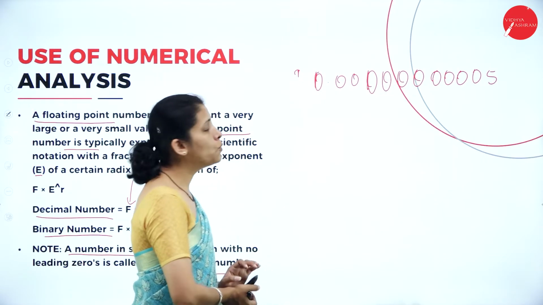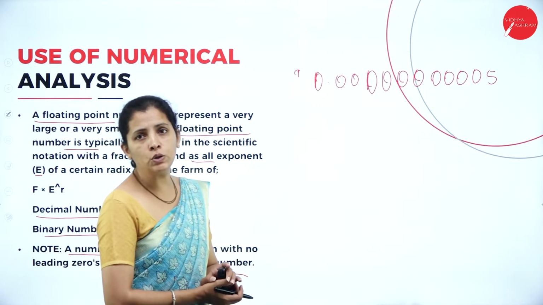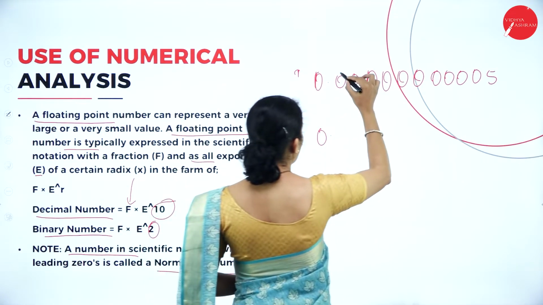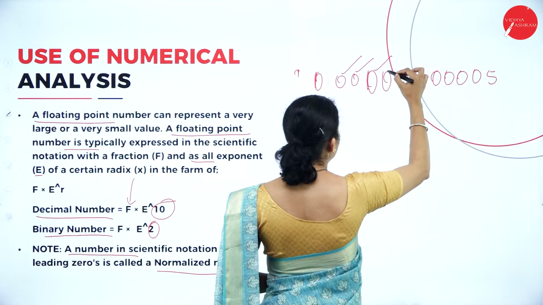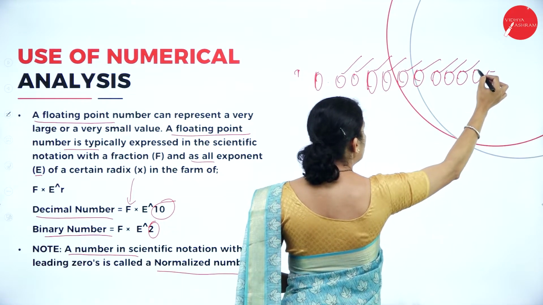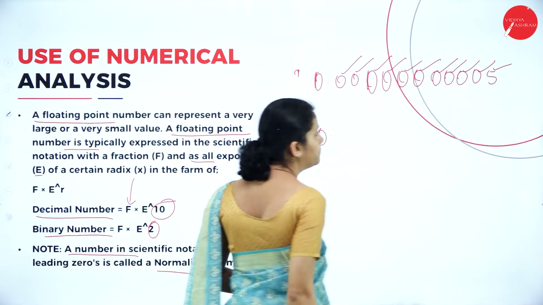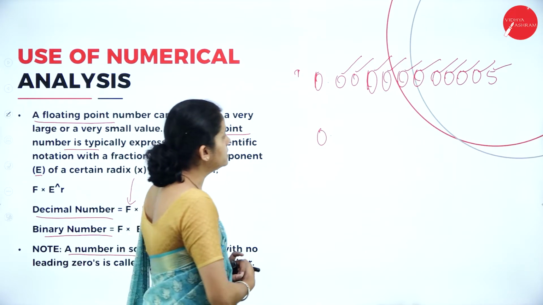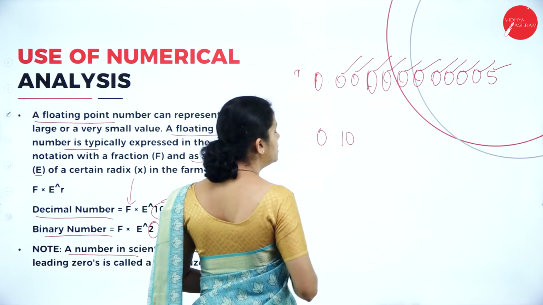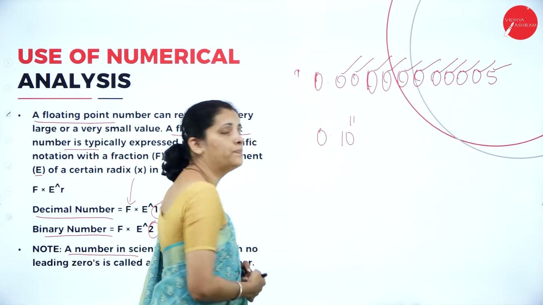Instead of that, what am I able to do? That is 0.1, then counting the digits 2, 3, 4, 5, 6, 7, 8, 9, 10 and 11. So I am able to write 10 to the power 11.